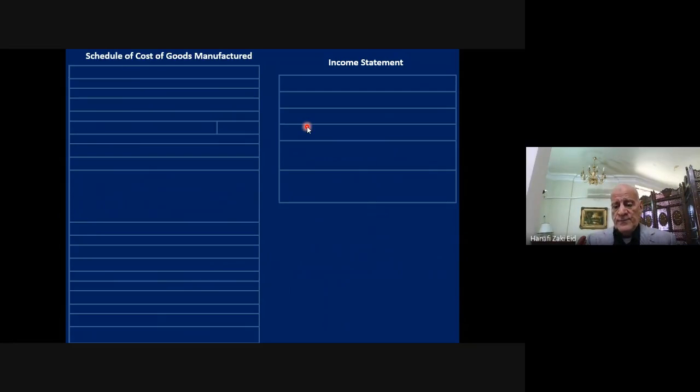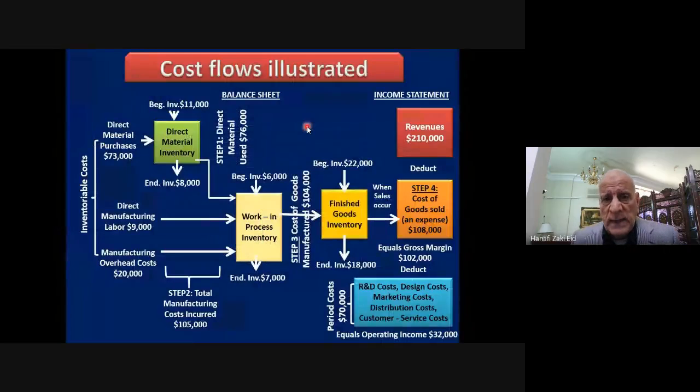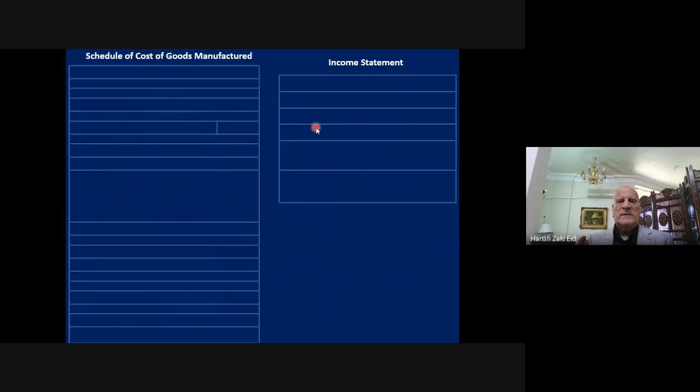And now, when we illustrated this slide, we were assuming some amounts. Let us use these amounts to demonstrate this flow in an accounting shape. In accounting, we have to tabulate a schedule of cost of goods manufactured.